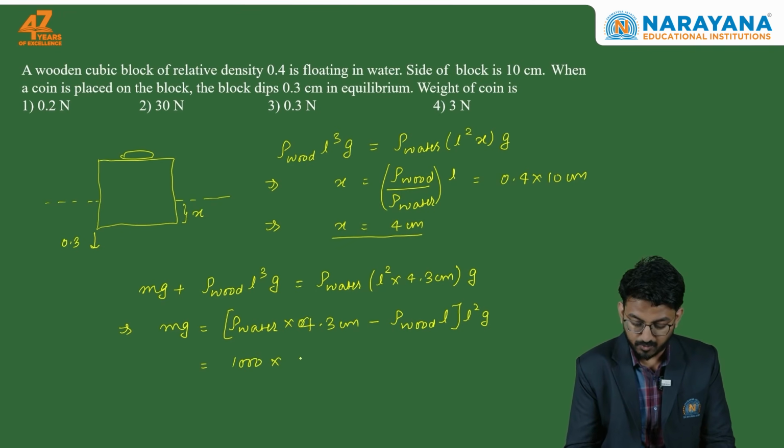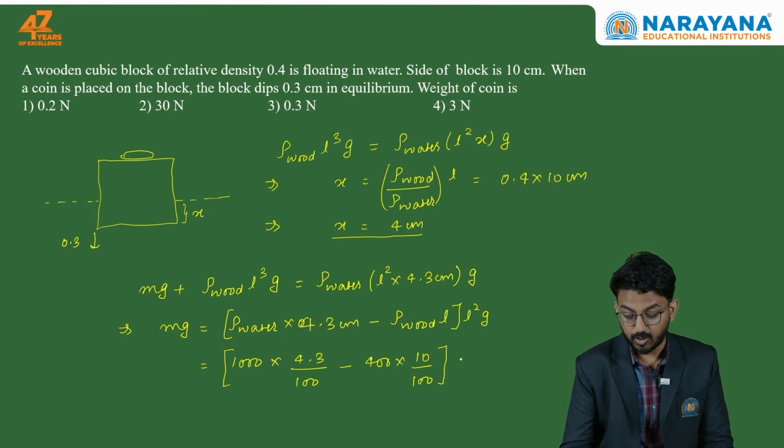We can convert this 4.3 centimeter into meter, which is divided by 100. Minus rho wood, with relative density 0.4, is going to be 400, multiplied by 10 centimeter again. L is 10 centimeter, but I have to convert it in meter. So 10 over 100.